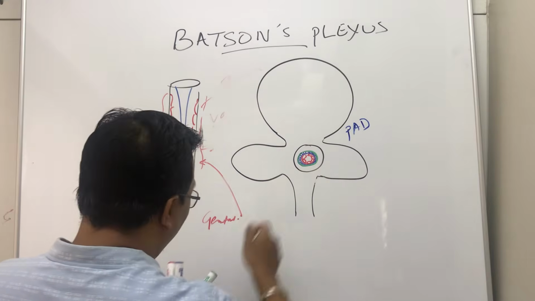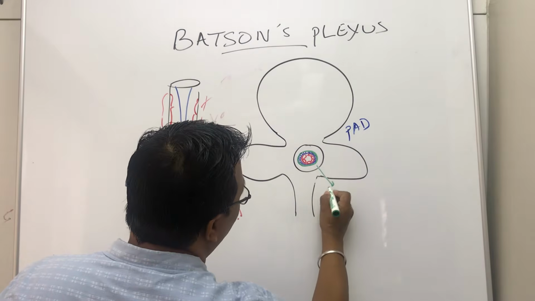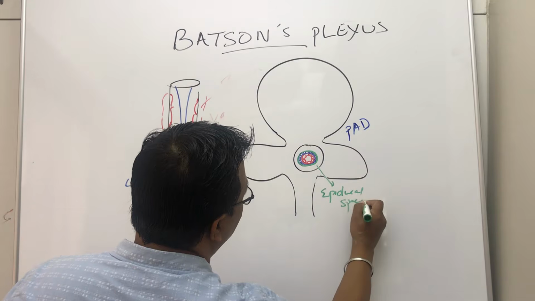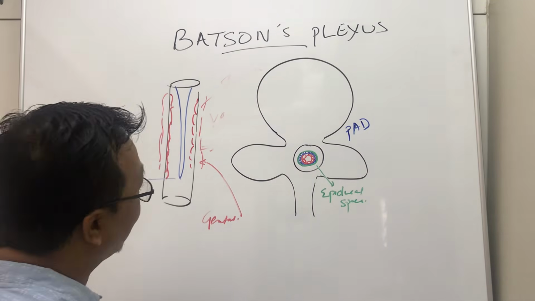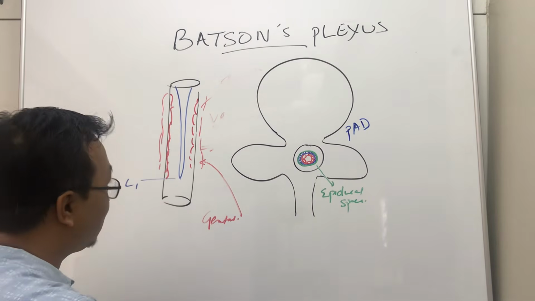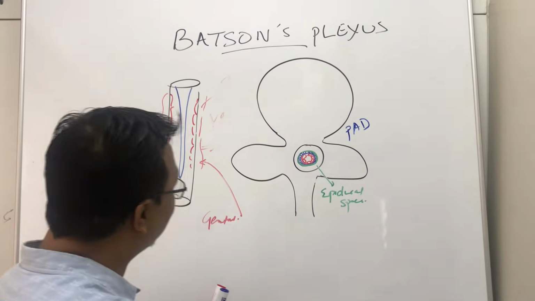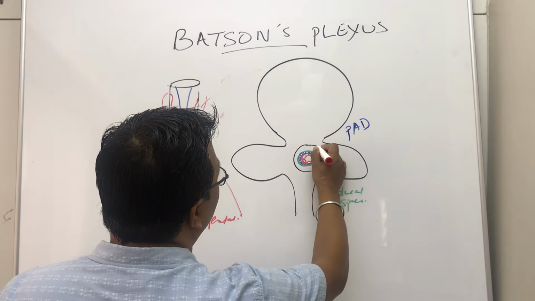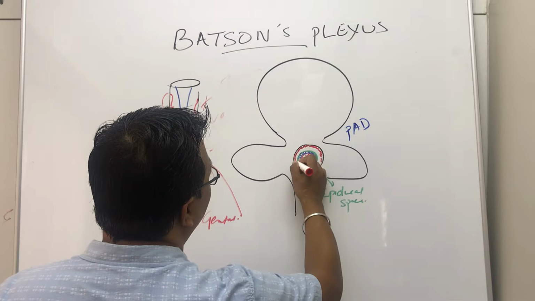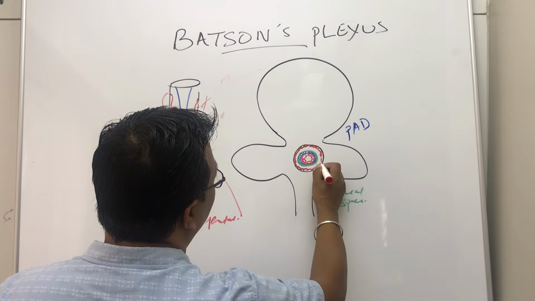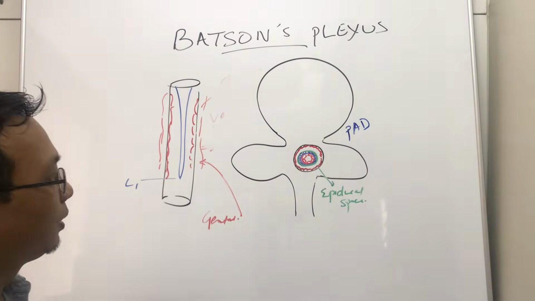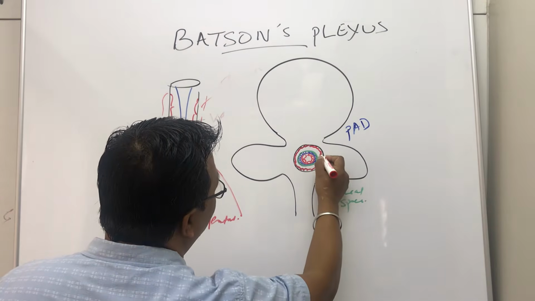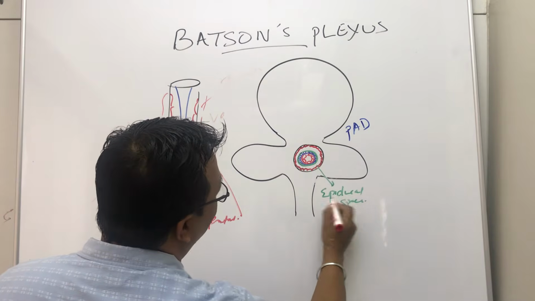So this space is called the epidural space. Now in this epidural space there is a network of veins, which is called the epidural plexus.